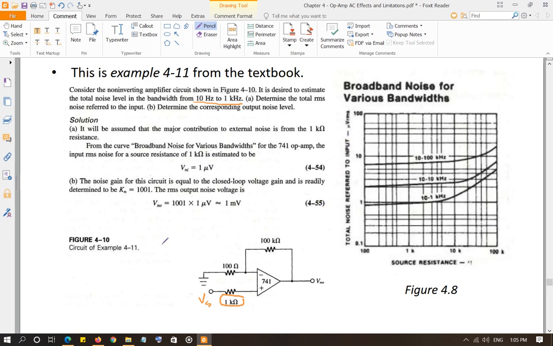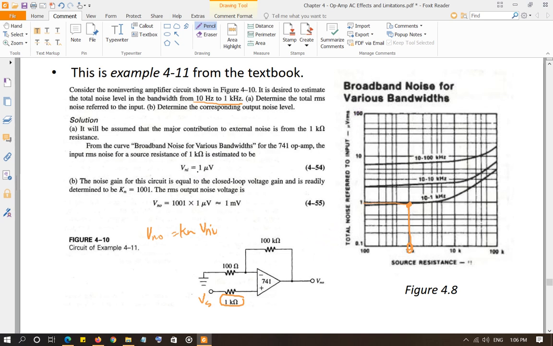So you're going to apply the equation Vn output equals Kn times Vn input, and first you're going to observe Vn input for this frequency band with the source resistance of 1 kilo ohm. So you're going to go to 1 kilo ohm right here, go to the frequency band right here, and you will observe that the value is 1 microvolt RMS.